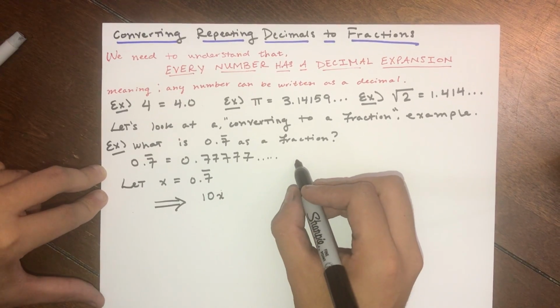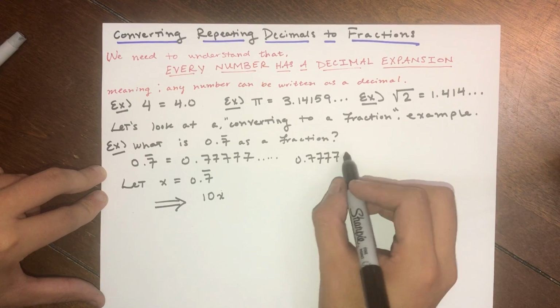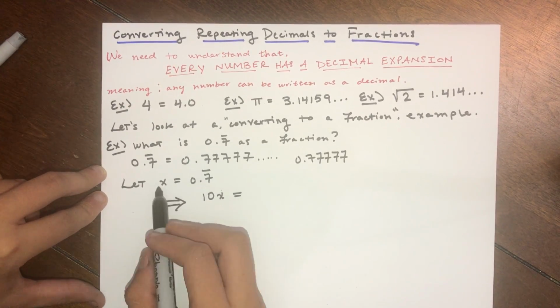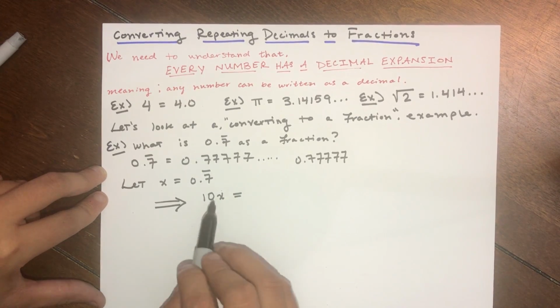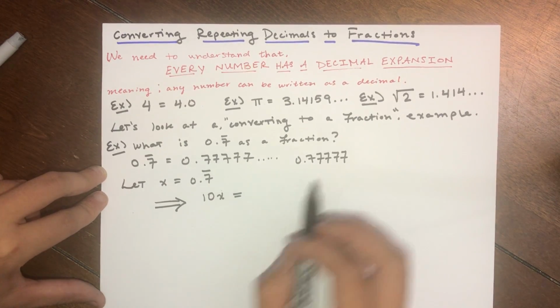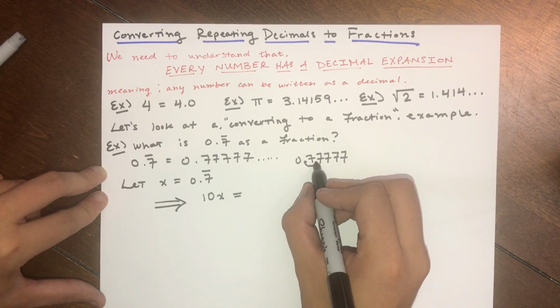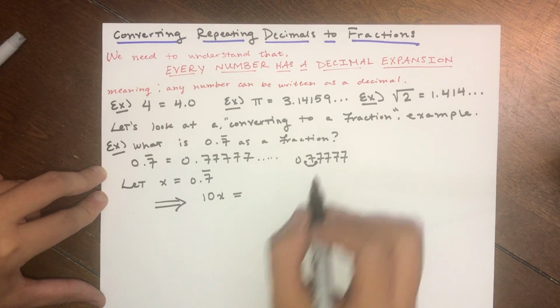And 0.7 repeating times 10, all you do is move the decimal once to the right, because you're multiplying by 10, there's one 0.